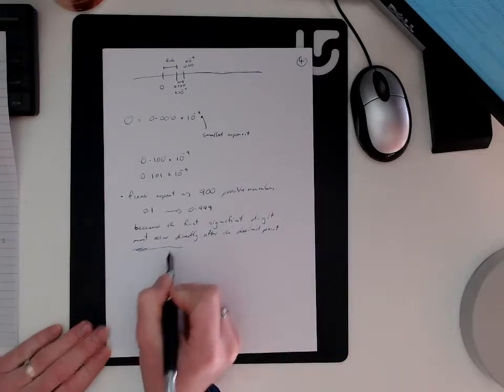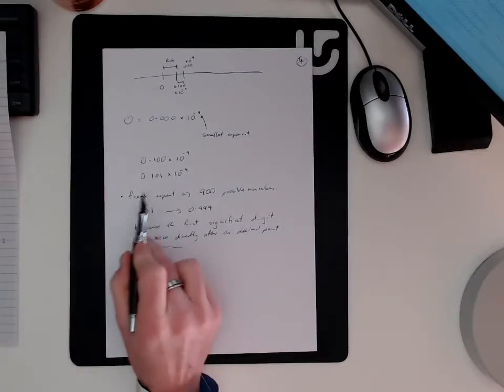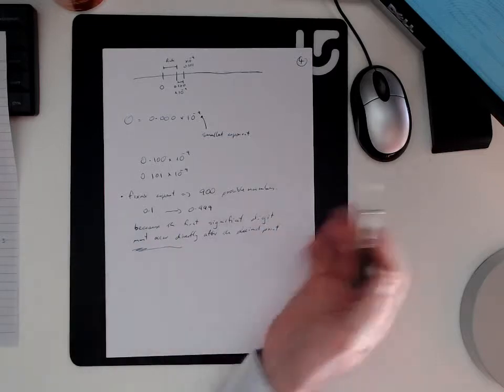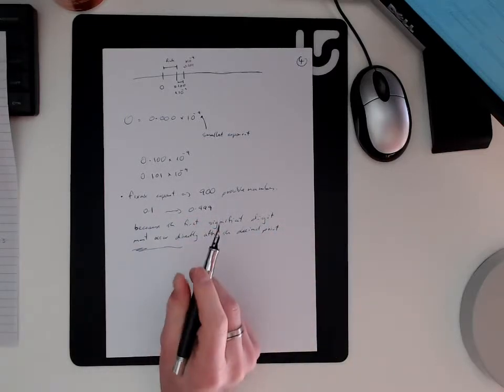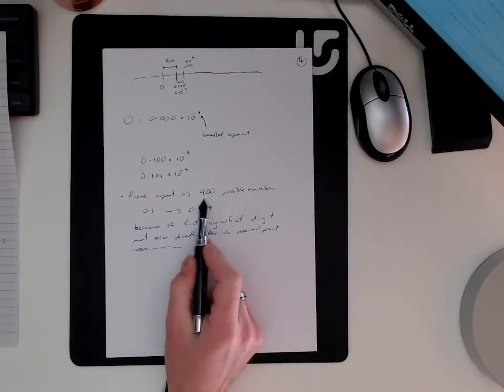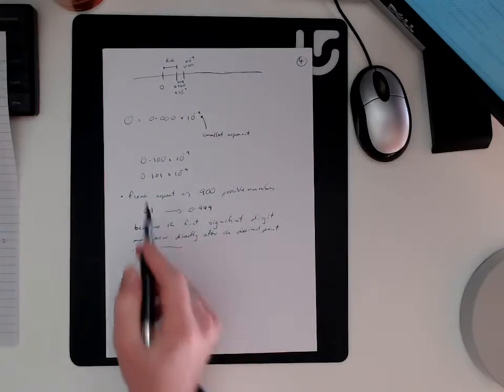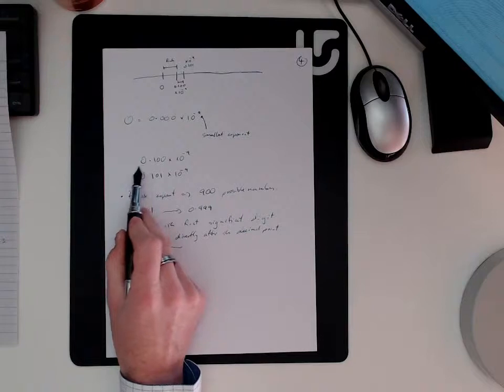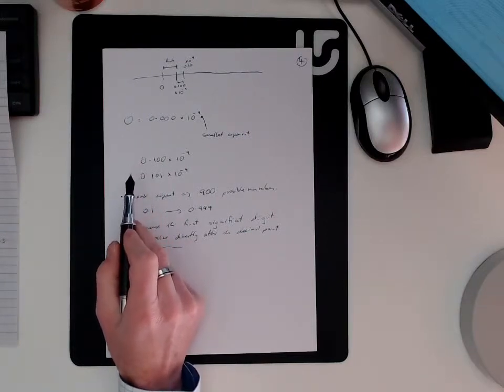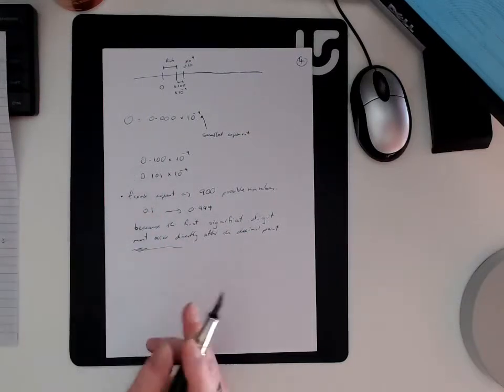Don't get hung up on this. Even if you're allowed the first significant digit to occur at the end of the mantissa, you still have the same problem. There's a fixed number of possible numbers here, and even if you allow the first significant digit to occur before the decimal point, you still have the same issue.